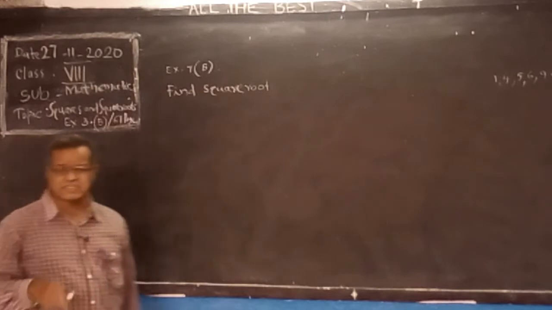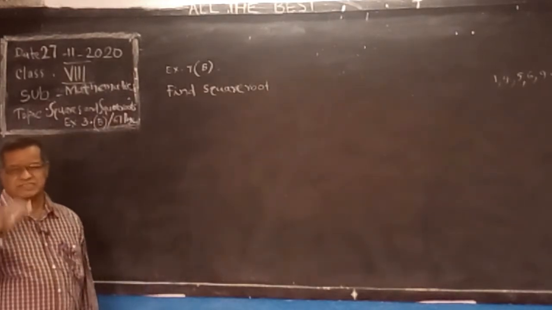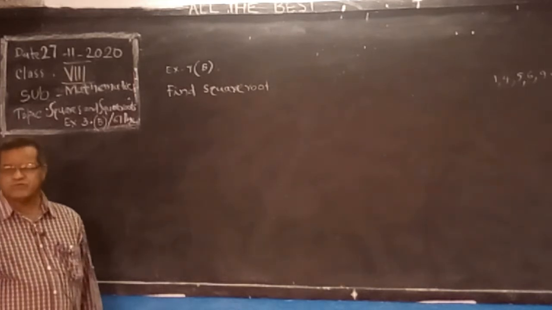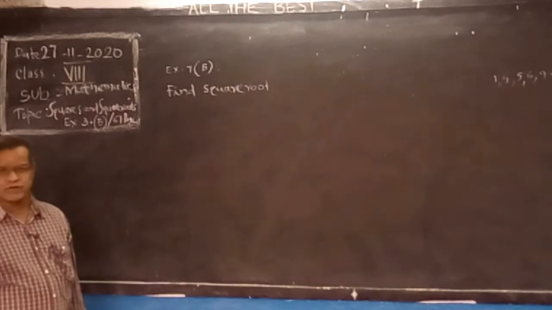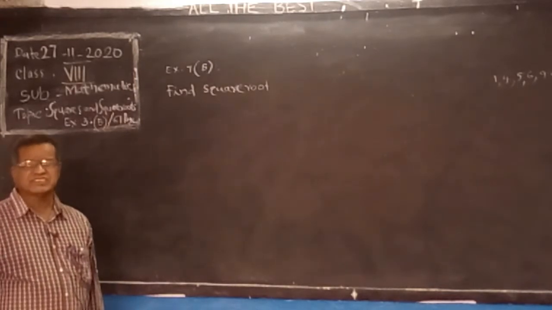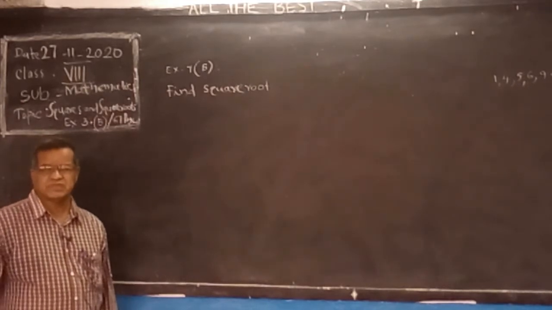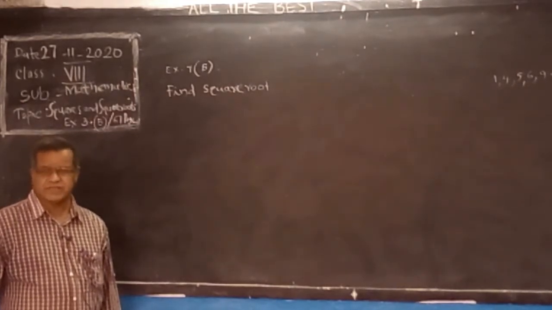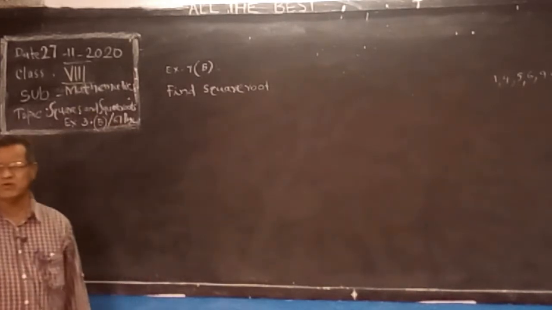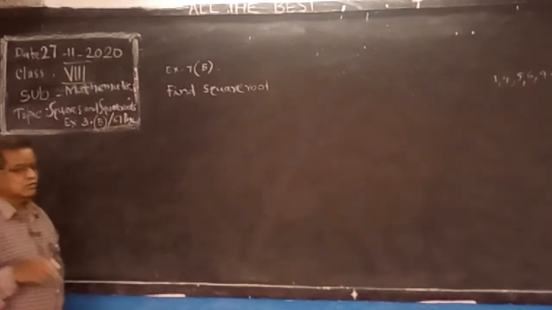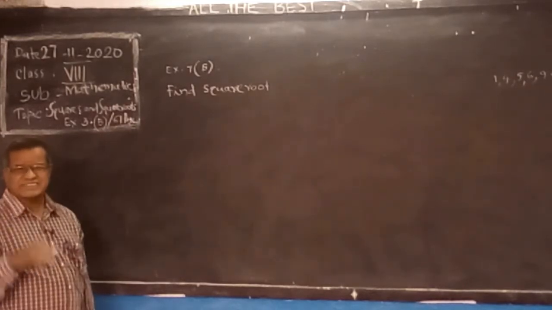16. What is the square root of 16? Square root is 4, because 16 is the square of 4. Like 25, square root 5. 64, 8 into 8. 100, 10 into 10. 121, 11 into 11. 144, 12 into 12. 169.